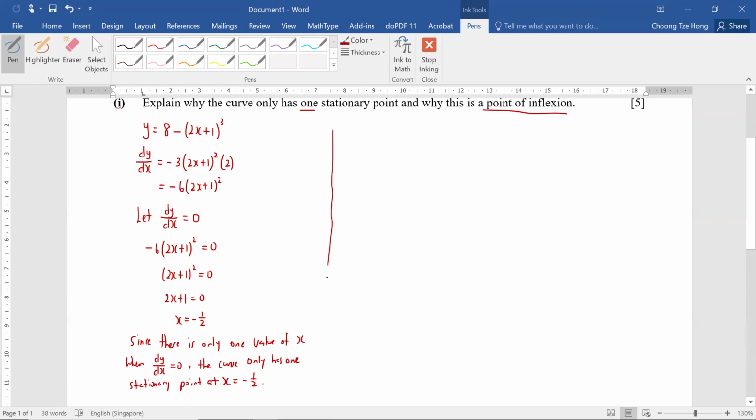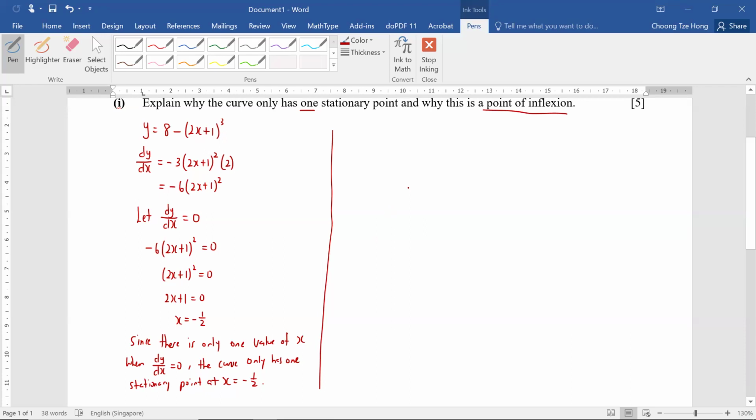The next part we want to do is to explain why it's a point of inflection. This is just for illustration. Sometimes when we use the second derivative test to find out whether a point is maximum or minimum, usually we will get d2y/dx squared to be either positive or negative.